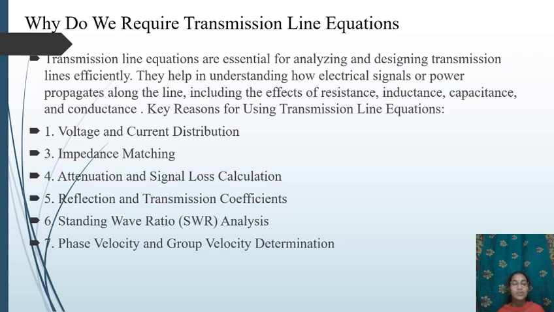Key reasons for using transmission line equations are: to analyze voltage and current distributions, impedance matching, attenuation and signal loss calculations, reflection and transmission coefficient, standing wave ratio analysis, and phase velocity and group velocity determination.